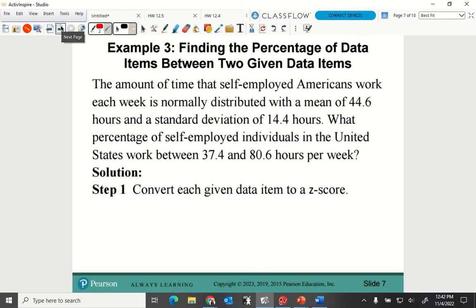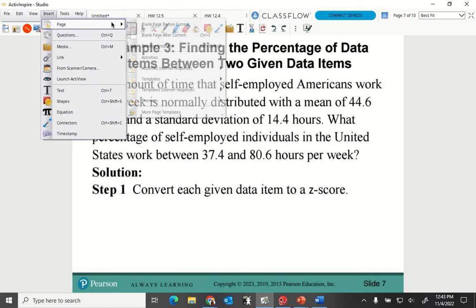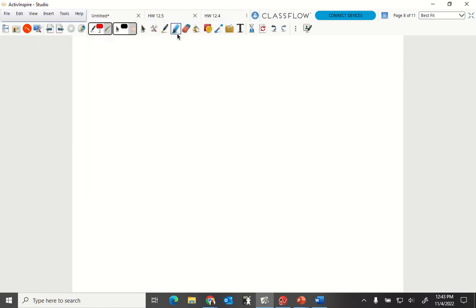So, here we go. The amount of time that self-employed Americans work each week is normally distributed with a mean of 44.6 hours and a standard deviation of 14.4 hours. What percentage of self-employed individuals in the United States work between 37.4 and 80.6 hours per week? I'm going to first find the z-score.